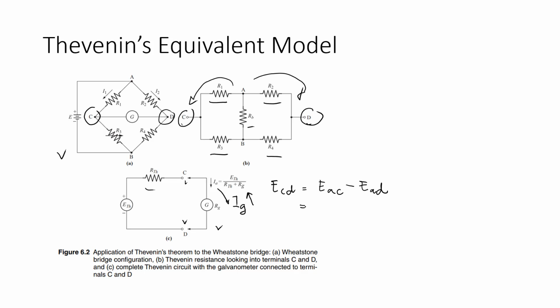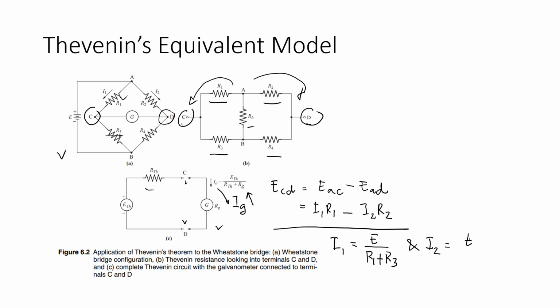Then we can see that E_AC is I1 R1 minus I2 R2, where I1 is equal to E per R1 plus R3, and I2 is E per R2 plus R4.